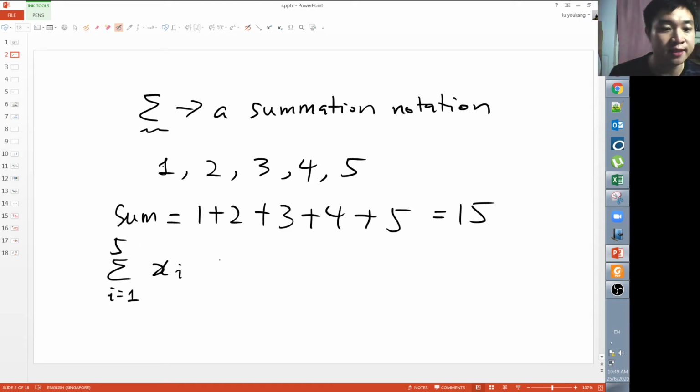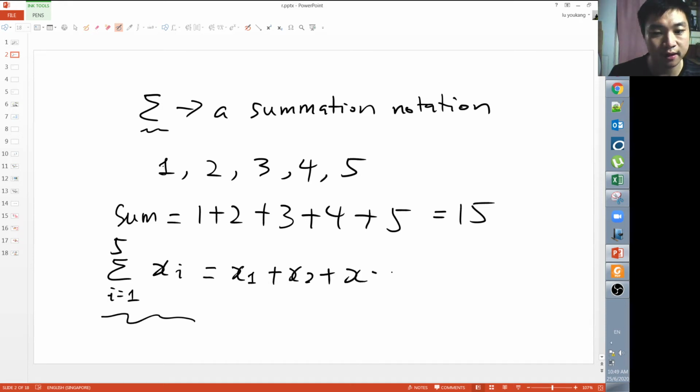What this summation notation means is you are going to find your x1 until your x5. That's why you need to tell people this i equals 1 is your lower range and this will be your upper range. You need to sum up all these numbers.